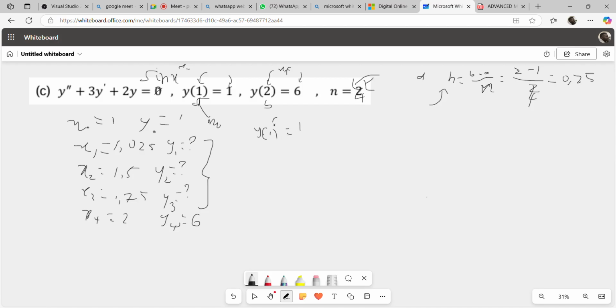This is the value of x0. So if we have a situation where it says y bracket 0 is equal to 0, it means the value of x0 is 0. Remember, I said the value inside here is x0.